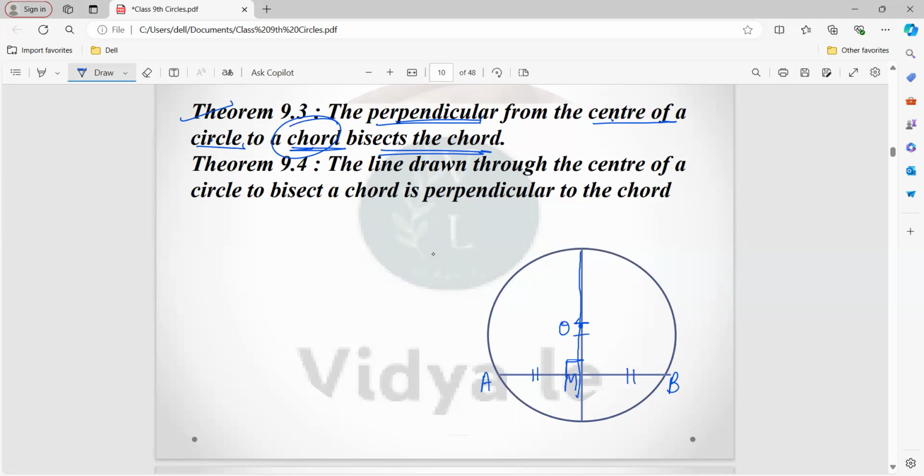That is, drawing the perpendicular from the center on the chord will divide the chord into two equal parts. That is, AM will be equal to MB, right?